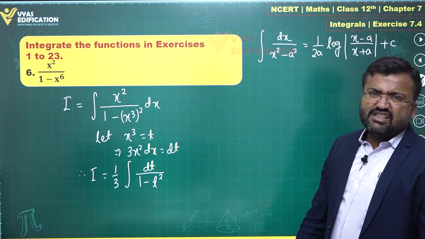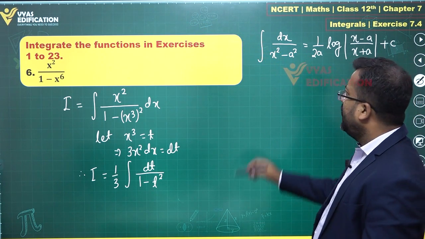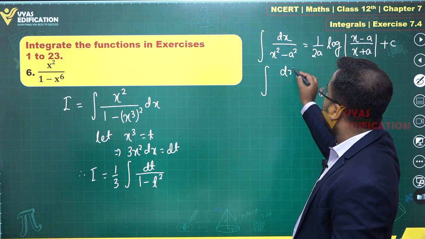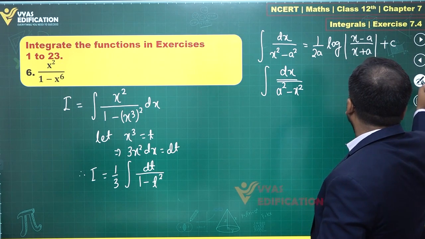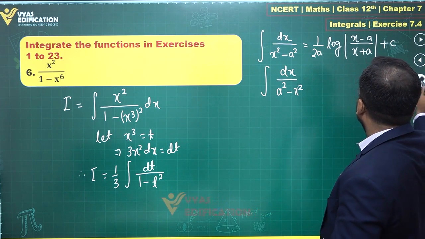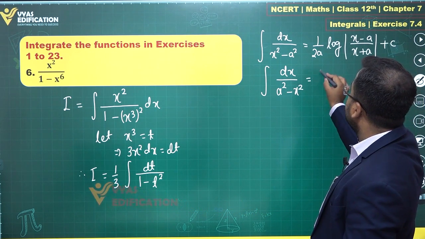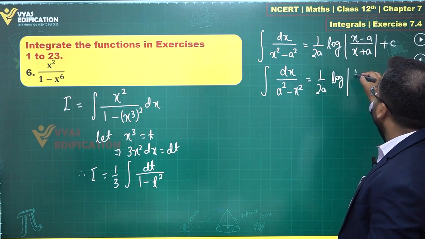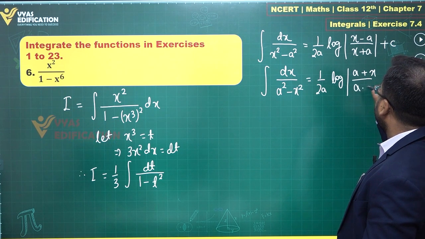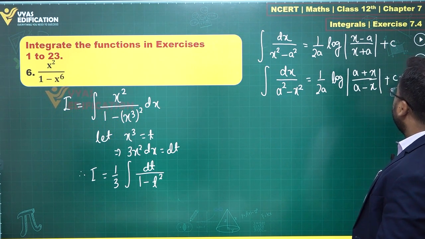Although this is the only one that you should remember, there's another version of this, which is a square minus x square, and there's no under root, mind you. This is 1 by 2a log of modulus a plus x over a minus x. If you remember both, well and good.